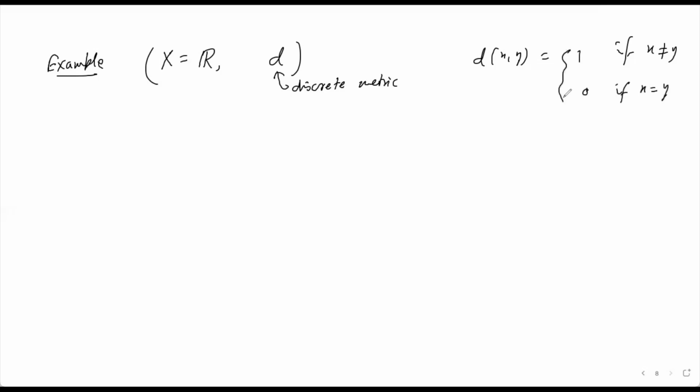This is the discrete metric, and in this metric space, the sequence of natural numbers is bounded, but has no convergent or Cauchy subsequence.